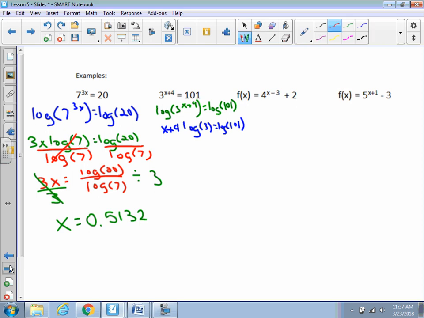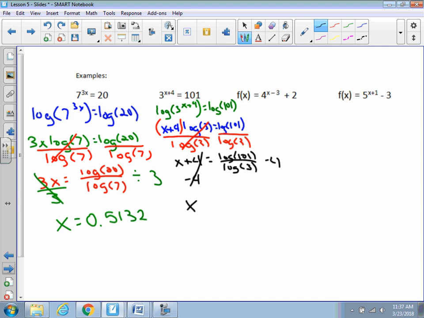Then we have x plus 4 equals log of 101 over log of 3. Again, keep it all in your calculator and then subtract 4 from each side. If you do that, you get x is about 0.2009. All right, I'm just going to take these two problems down here since I'm running low on room.